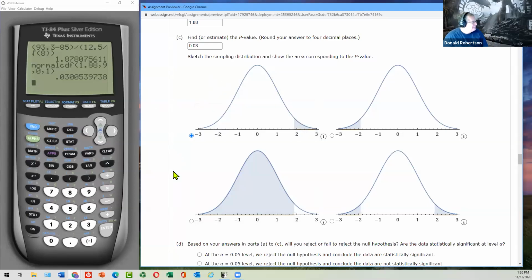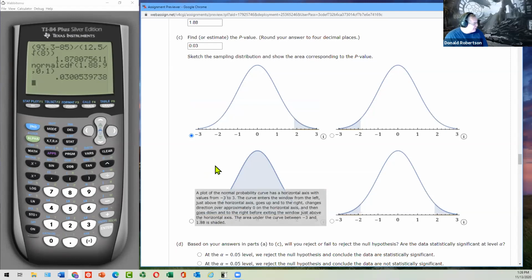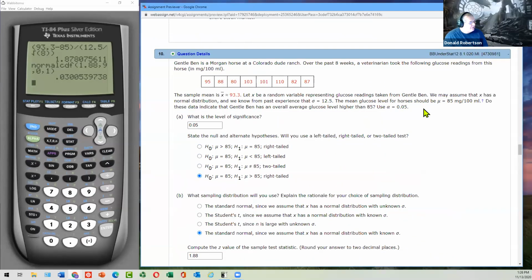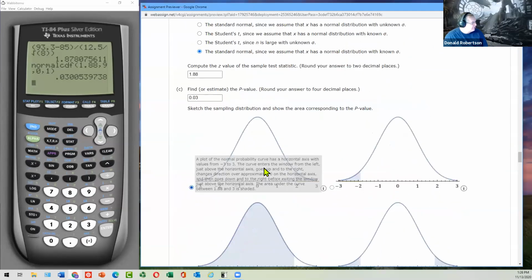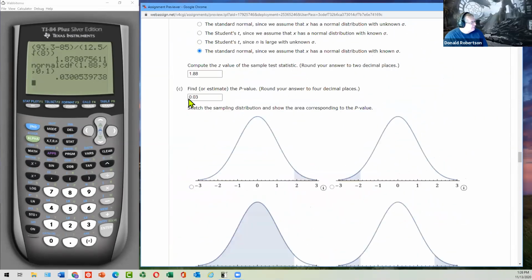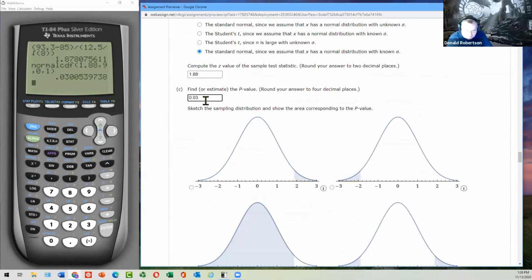Now, the test is coming up. Is this number, our p-value, less than 0.05? So is this less than 0.05? Yeah, it is.